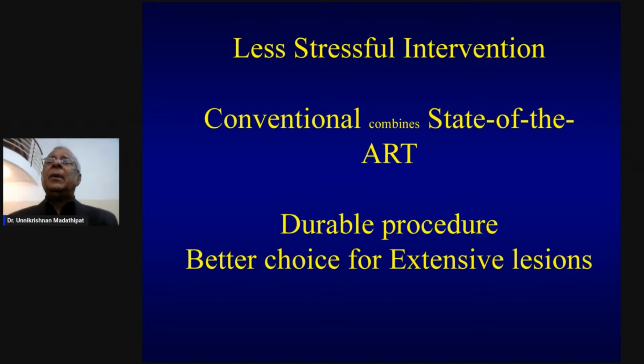Now, aortic injury, I've already alluded to. The hybrid procedure, in contradistinction to the totally open procedure, is not that stressful to the patient and comparatively less time consuming. And there is no need for circulatory arrest or cardiopulmonary bypass. Nowadays, of course, it's not complete circulatory arrest.